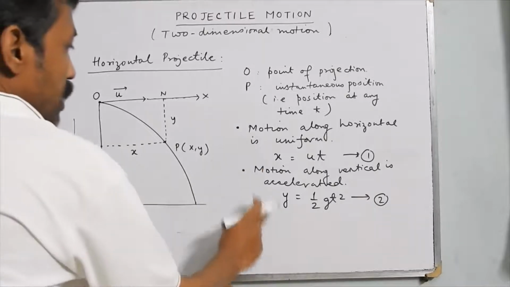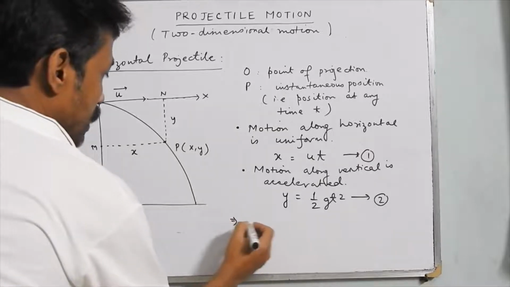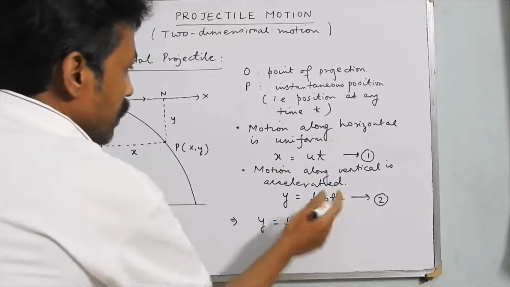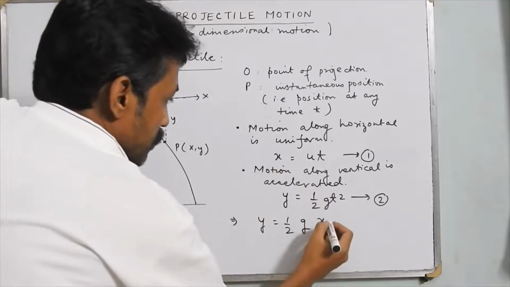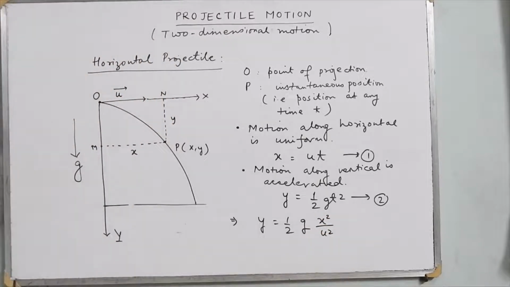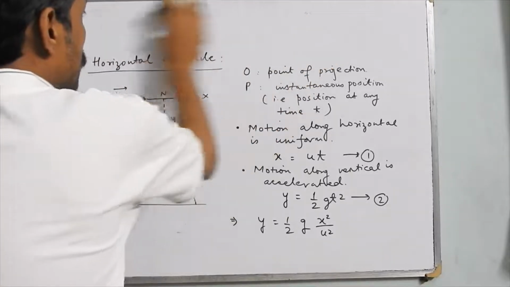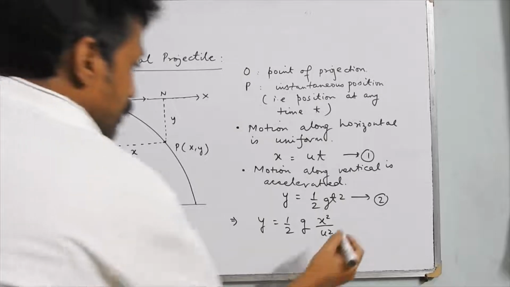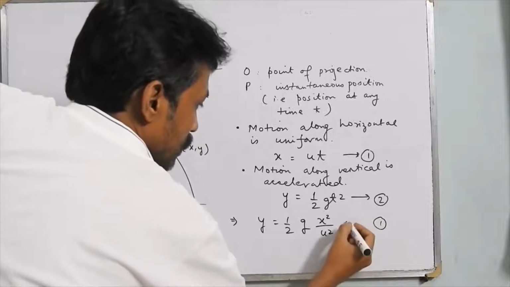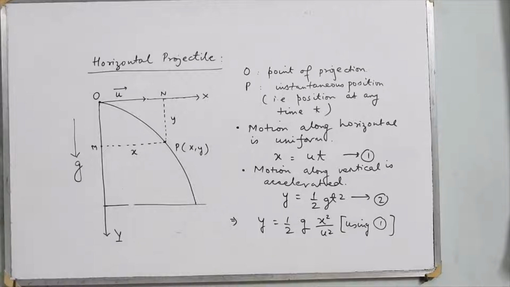Now from equations 1 and 2, if we eliminate t, we can write y equal to half g, and instead of t we write x by u, using equation 1. So this becomes x square by u square. So finally y equal to half g x square by u square.